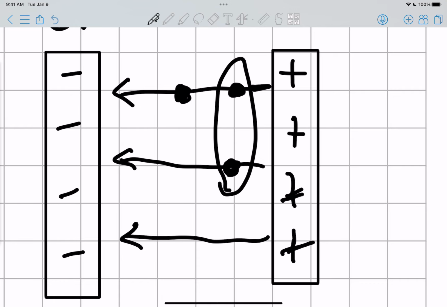plate. Would these two charges, 1 and 2, have the same electric potential? Would 1 and 2 have the same voltage, the same electric potential? Or would they have different voltage? It would be the same, right?